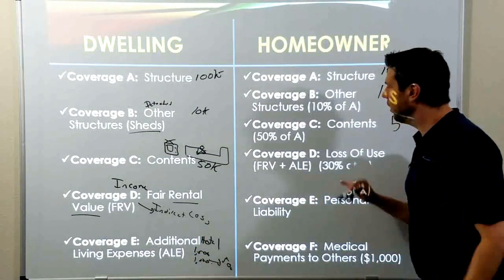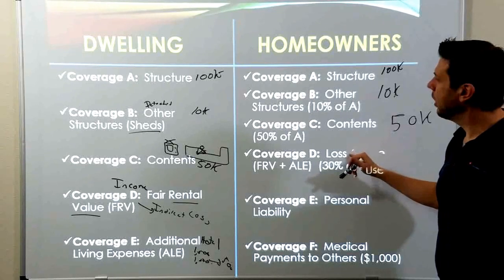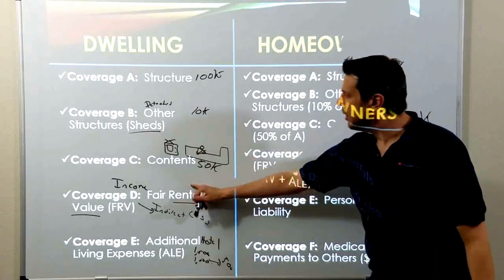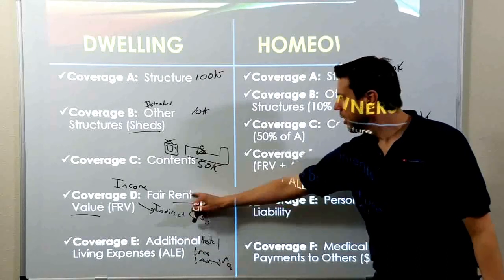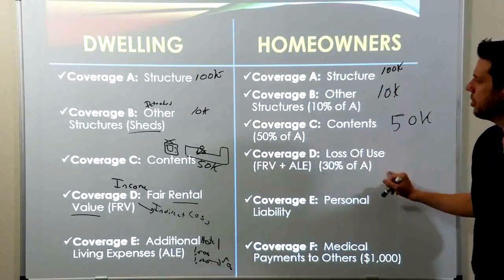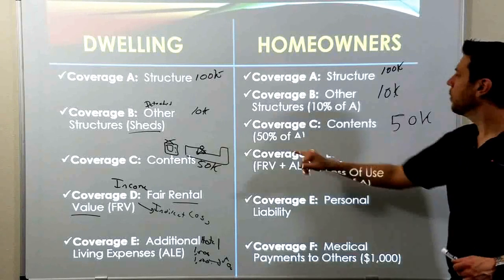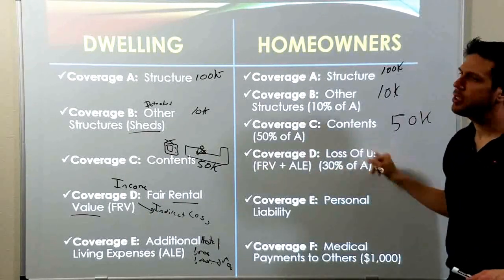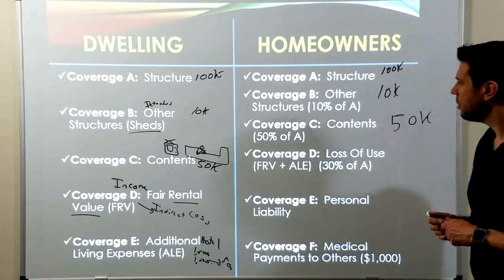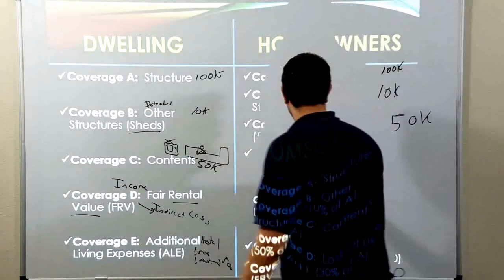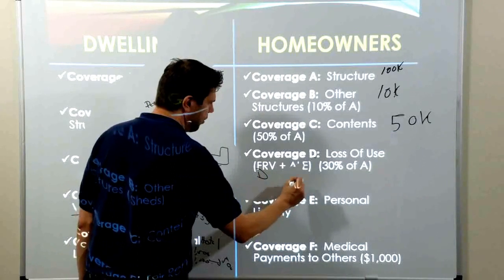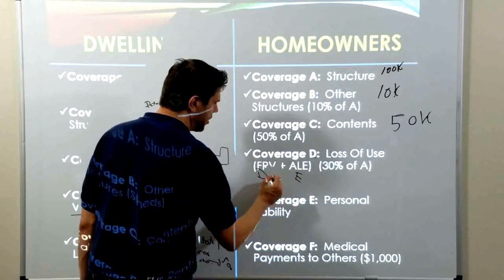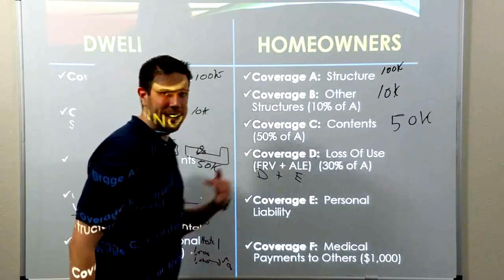Under dwelling, coverage D and E were fair rental value and additional living expenses. But under homeowners, coverage D is known as loss of use. Coverage D under homeowners is fair rental value and additional living expenses added together.